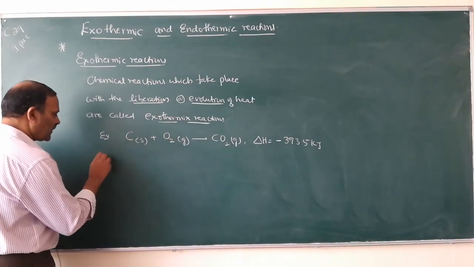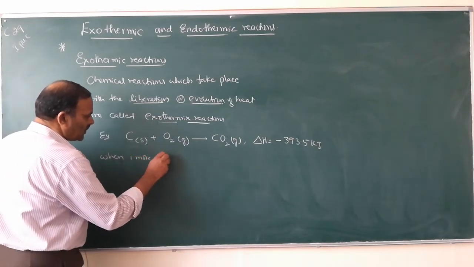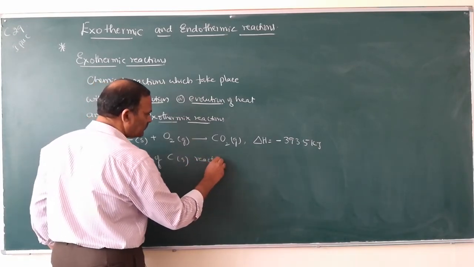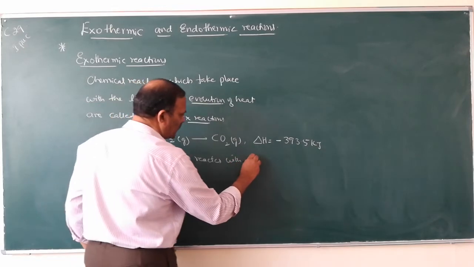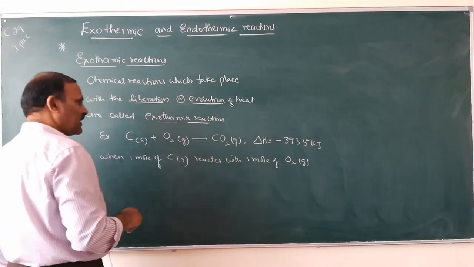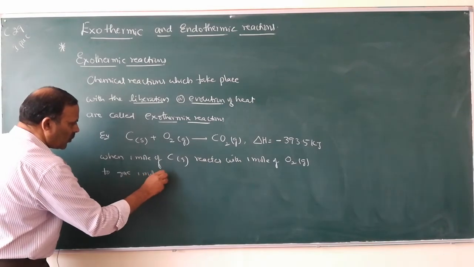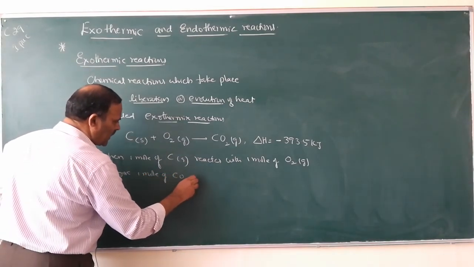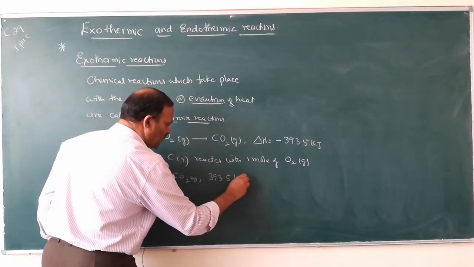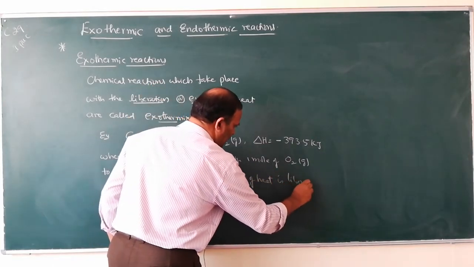So, write down, when 1 mole of carbon solid reacts with 1 mole of oxygen gas, gaseous oxygen, to give 1 mole of carbon dioxide gas, 393.5 kilojoules of heat is liberated.